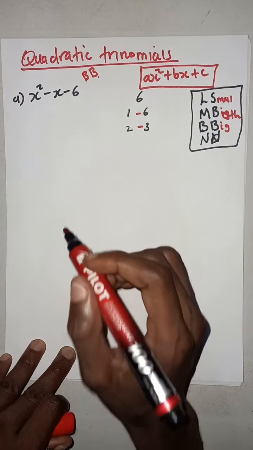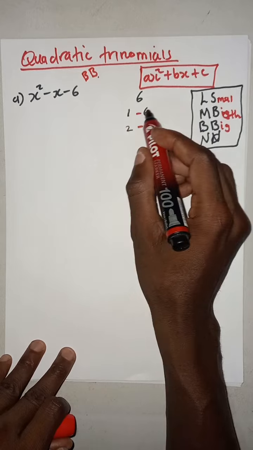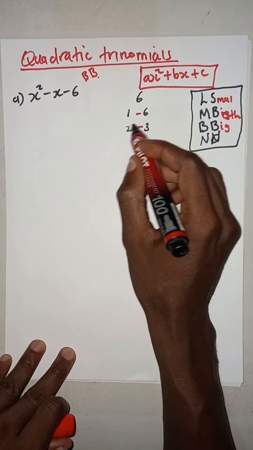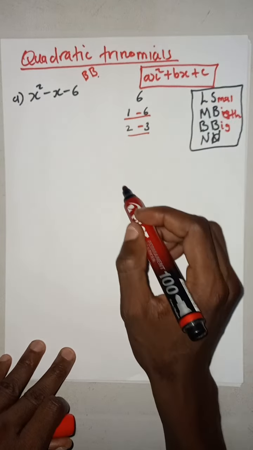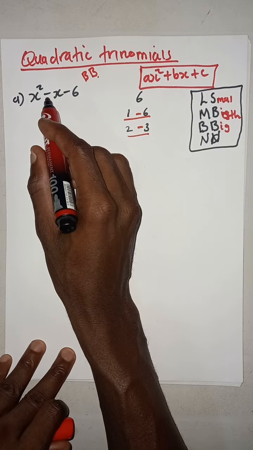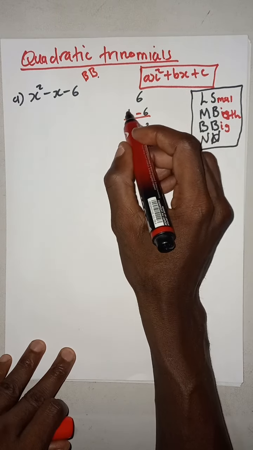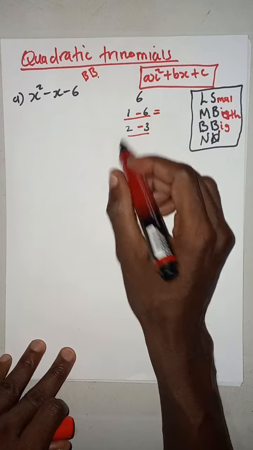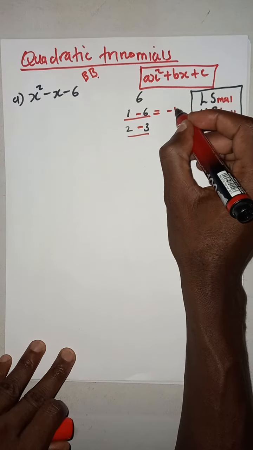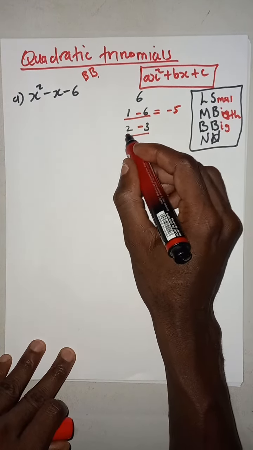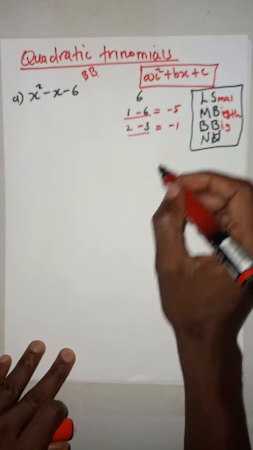So now the next thing is which of these two should I add that will give me negative 1, which is the middle one. If I add this one plus this one, this gives me negative 5. If I add this one plus this one, this gives me negative 1.